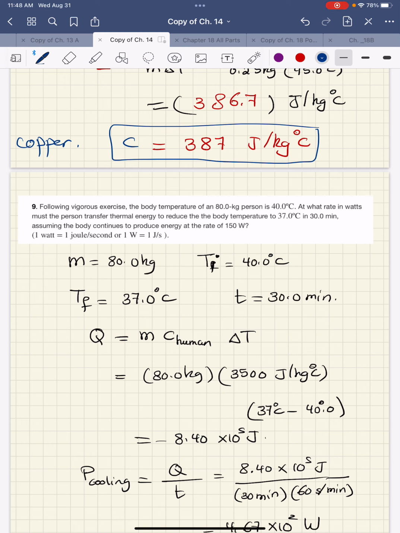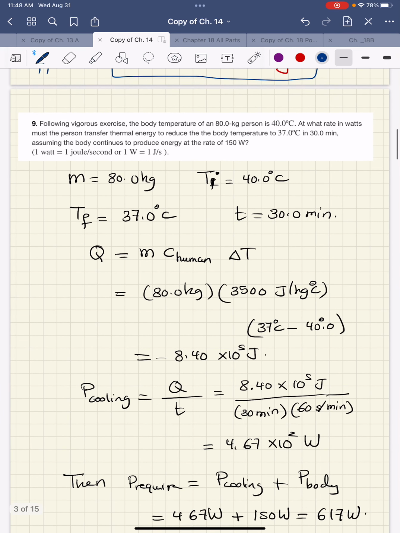At what rate in watts must the person transfer thermal heat to reduce the body temperature to 37 in 30 minutes, assuming the body continues to produce energy at a rate of 150 watts? We're going to calculate the total rate.